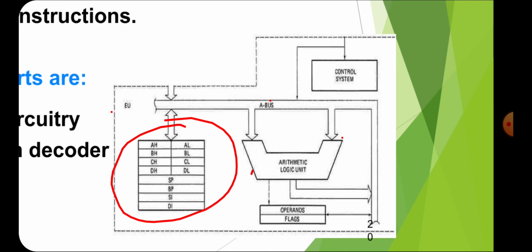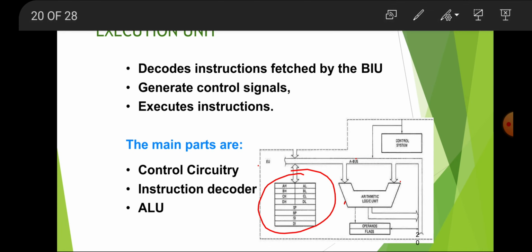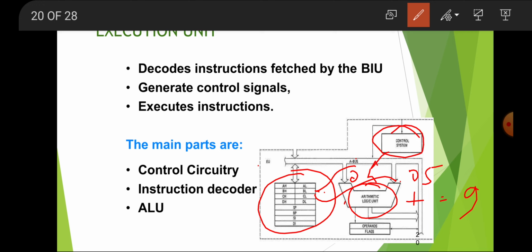These are fetched to the two ends of the ALU, here 04 and 05. Then the arithmetic unit adds them and produces the result, 9. The add instruction is given by the control unit.